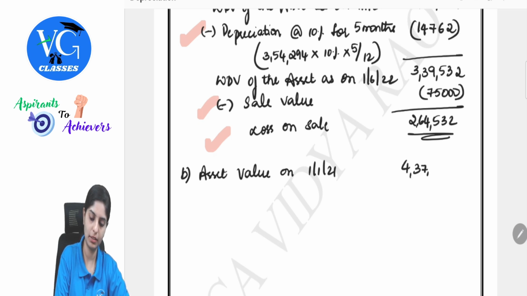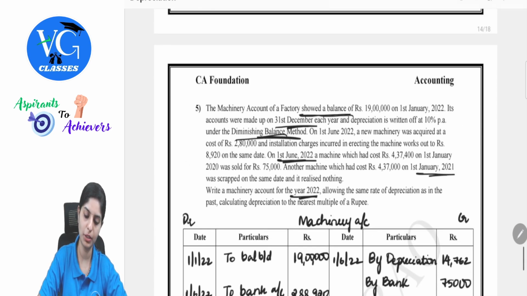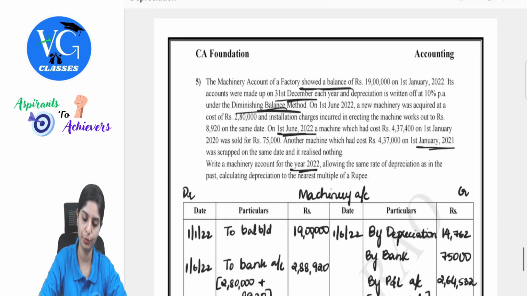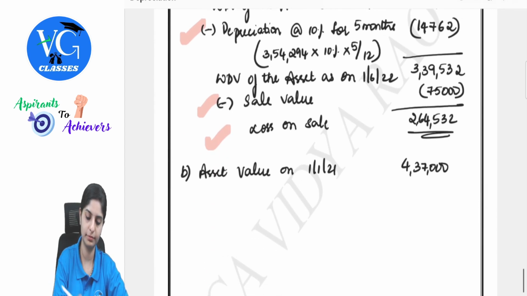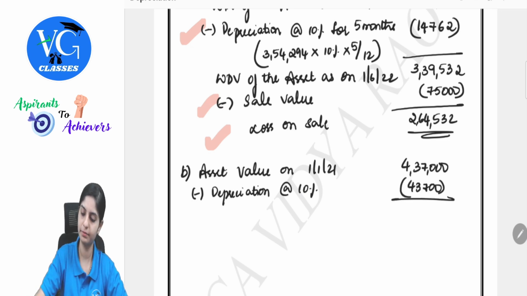Four lakh 37,000. So we want it on 1st June 2022 minus depreciation at 10%. This is 43,700. 3,93,300.